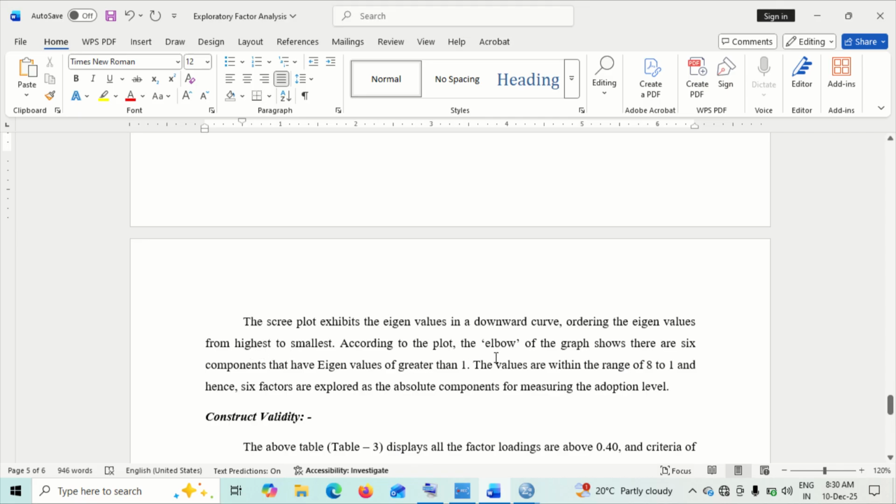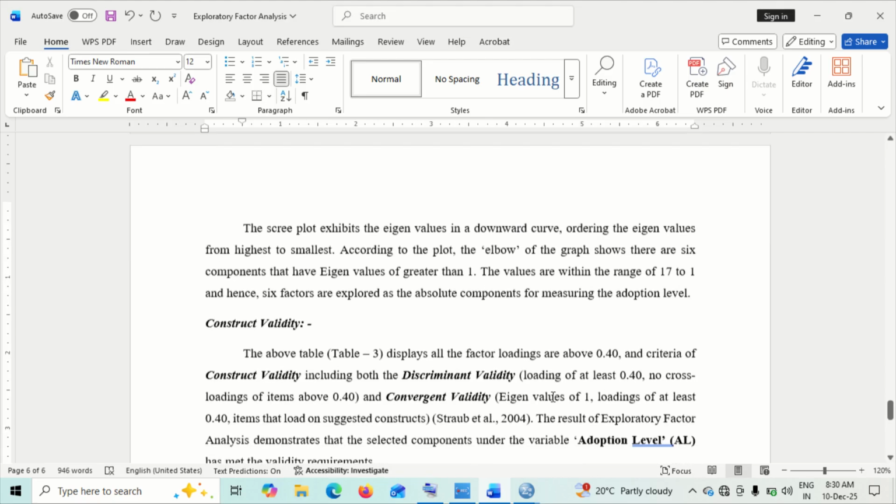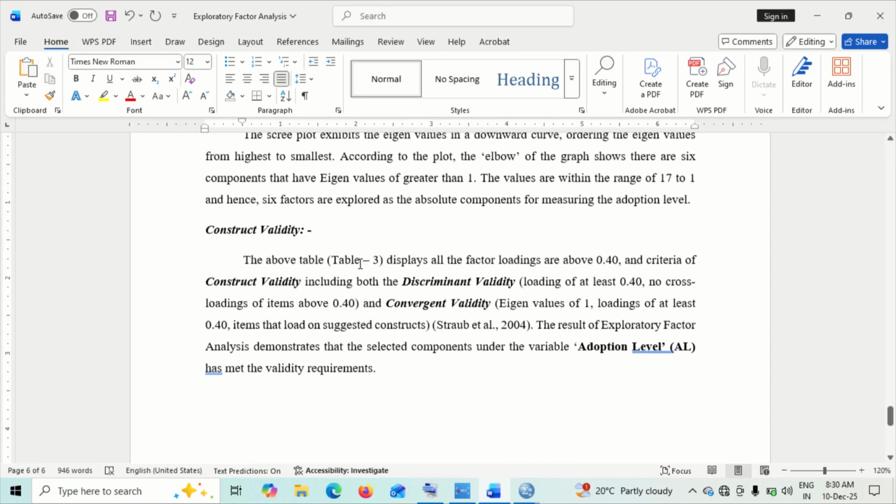According to the plot, the elbow of the graph shows there are 6 components which have eigenvalue greater than 1. The values are within the range of 17 to 1, and hence 6 factors are extracted as absolute components for measuring adoption level. And this is the result of exploratory factor analysis.